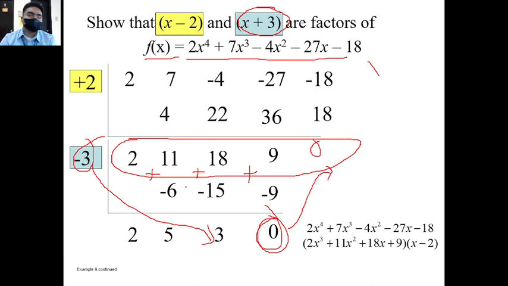But when it's not 0, when you have a number and you have a remainder, for example 1, we can simply state that 1 is the remainder of the polynomial, then you state the polynomial. Alright, so that's how easy the factor theorem and remainder theorem are.